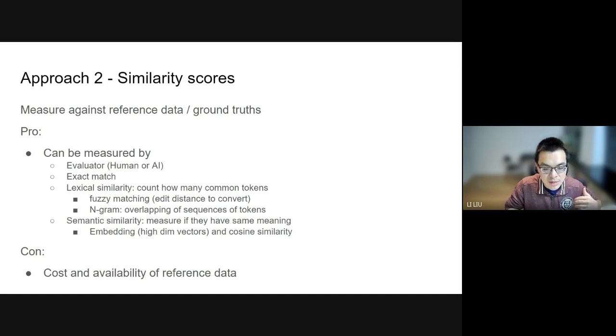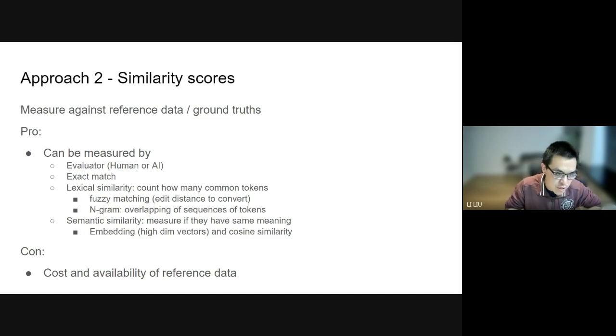Essentially, it converts tokens, sentences or paragraphs into high-dimensional vectors in a vector space. In this way, for 2 sentences, we can calculate the cosine similarity between the 2 vectors to see whether they are close or not. That technique is already very widely used in lots of domains.